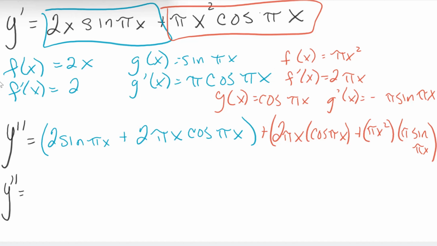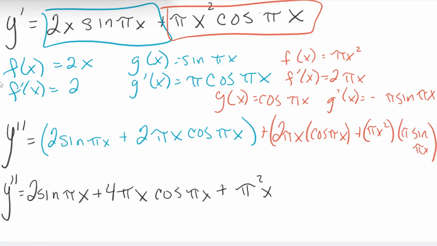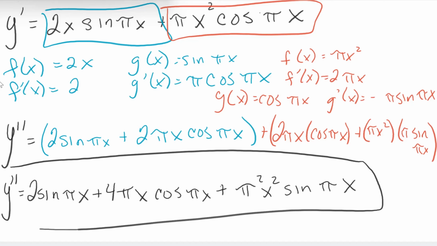So I have 2 sine pi x. These two right here are the exact same thing, so I can put them together. So it's 4 pi x cosine pi x. Then I can do the pi squared over here. Pi squared x squared sine pi x. And that's my final answer.